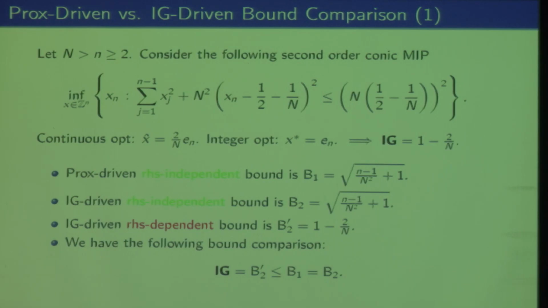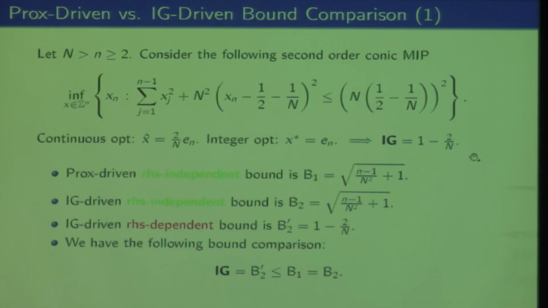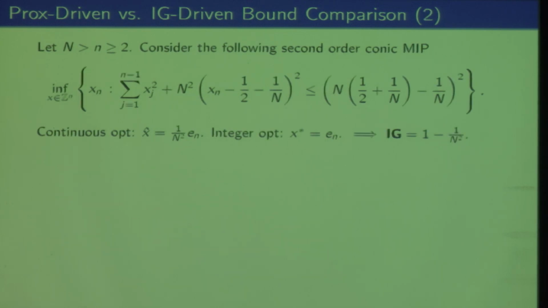All right. So here is the second example. I know that there are so many terms, but the only difference between this optimization problem and the other one is that the right-hand side is changed slightly. So this is a smaller, so to speak, ellipsoid.